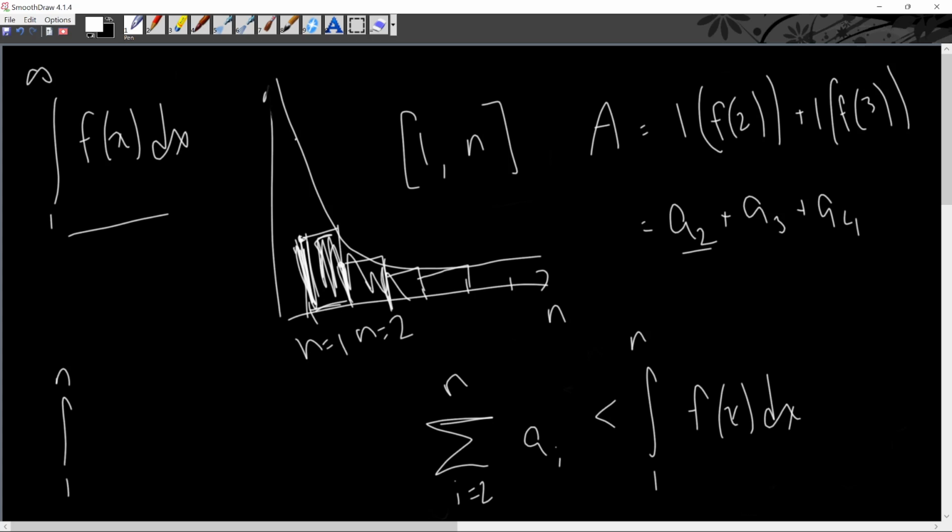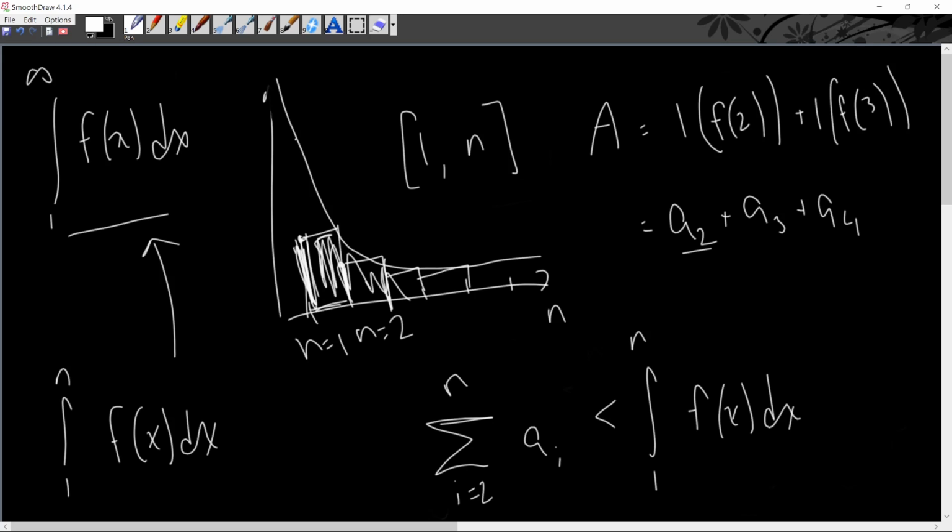You are getting rectangles that are approaching n, and if we have this partial sum from i equals 2 to n, that will be less than the integral from 1 to n of f of x dx, and infinity is greater than n, so the integral from 1 to n of f of x dx should be less than this integral.